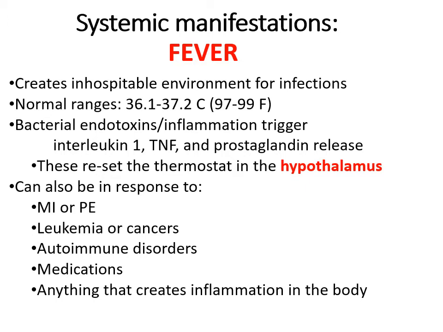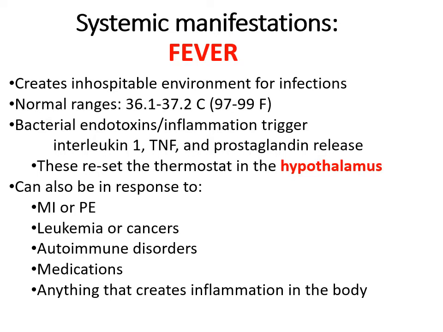But with bacterial infections or viral infections or inflammation in general, you release interleukins, prostaglandins through the inflammatory cycle. Okay, those are being released by your macrophages and your neutrophils, and going into the bloodstream will get to the hypothalamus, which is a part of your brain that we'll learn about in another module.